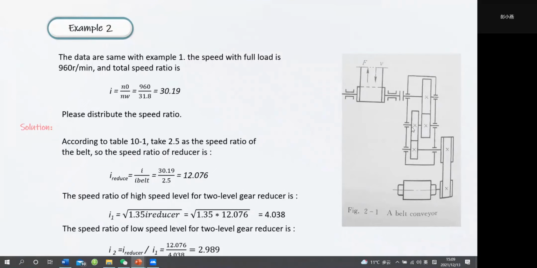We distribute the total speed ratio first to choose the speed ratio of the belt, and then use this equation to calculate the speed ratio I1, and then to calculate the speed ratio I2. Okay, any problem? No problem.